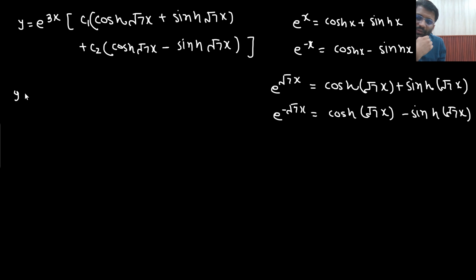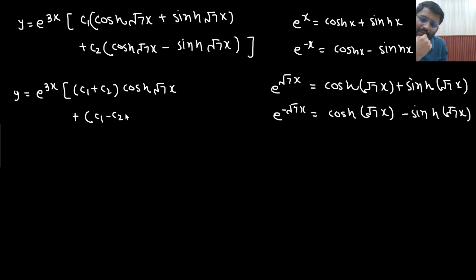So when you take all these things common, what are you getting? e to the power 3x. So here you can see that c1 plus c2 cos hyperbolic under root 7x plus c1 minus c2 sin hyperbolic under root 7x.